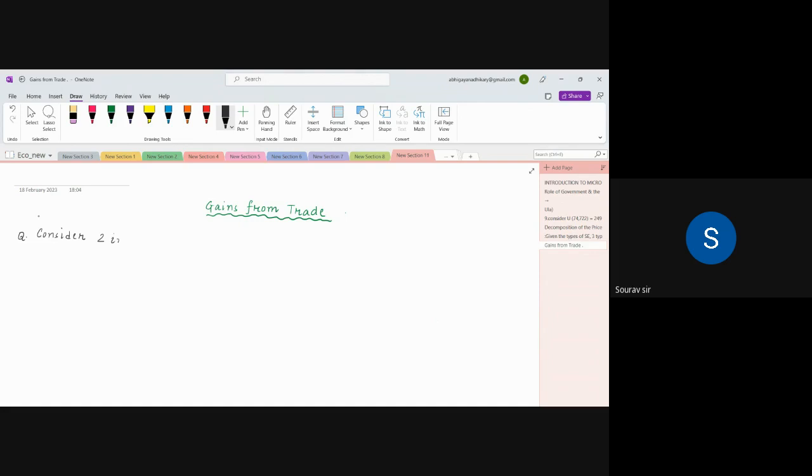two individuals, 1 and 2, producing two goods, X and Y, and are endowed with 24 hours in a day.